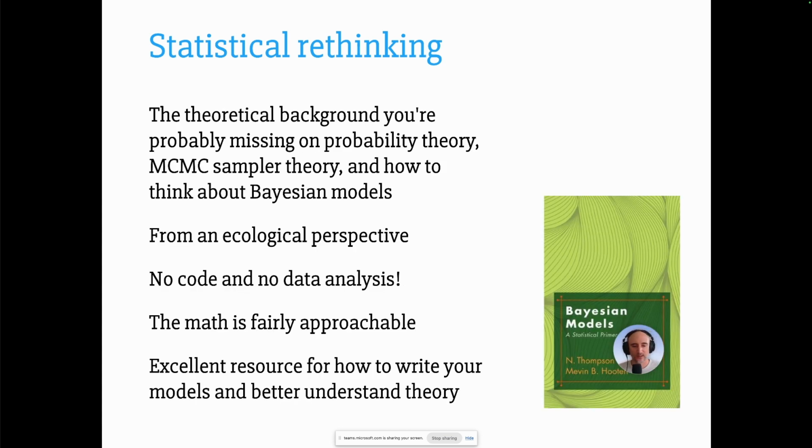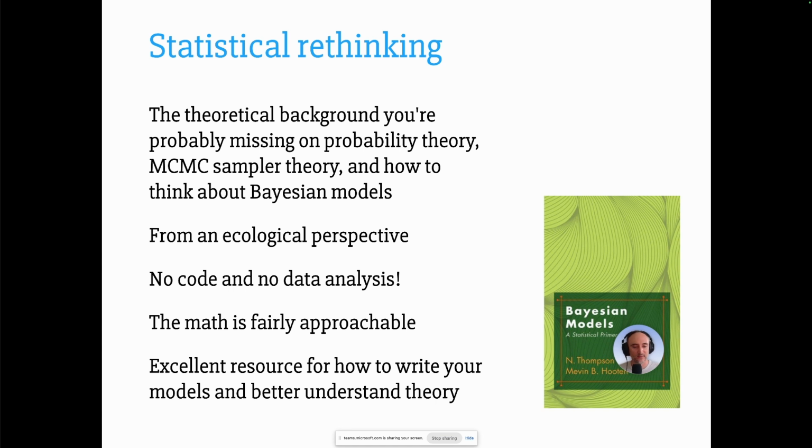This book by Hobbs and Hooten is fantastic. I've got that book right here. It gives you the full theoretical background you're probably missing on probability theory, MCMC sampler theory, and how to think about Bayesian models. It's written by two ecologists, so it's written from an ecological perspective. There's no code, there's no data analysis.